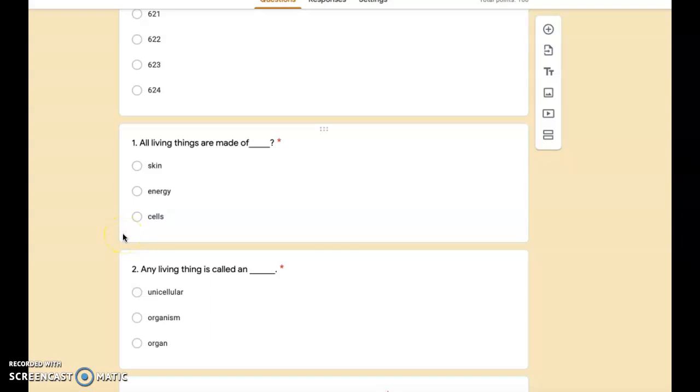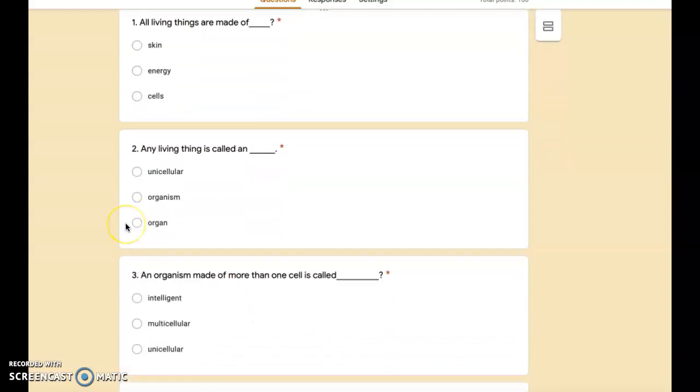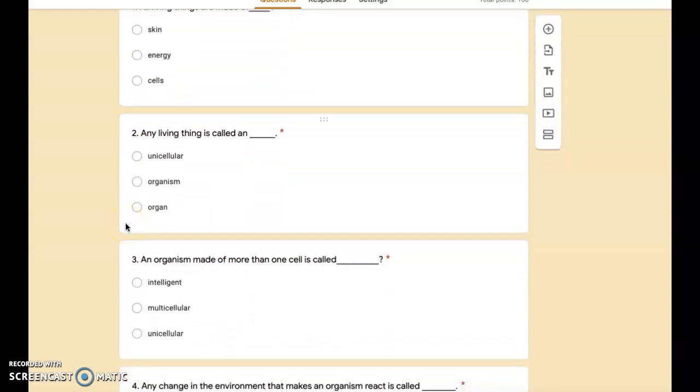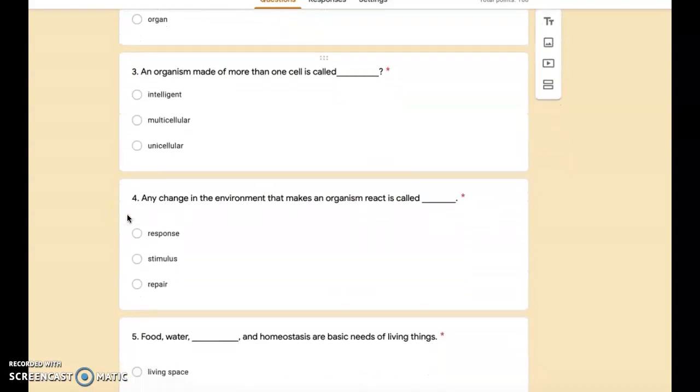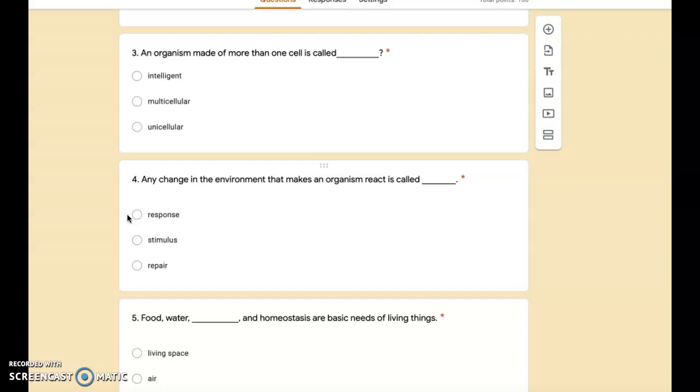Number 1. All living things are made of skin, energy, or cells. Number 2. Any living thing is called an unicellular, organism, or organ. Number 3.